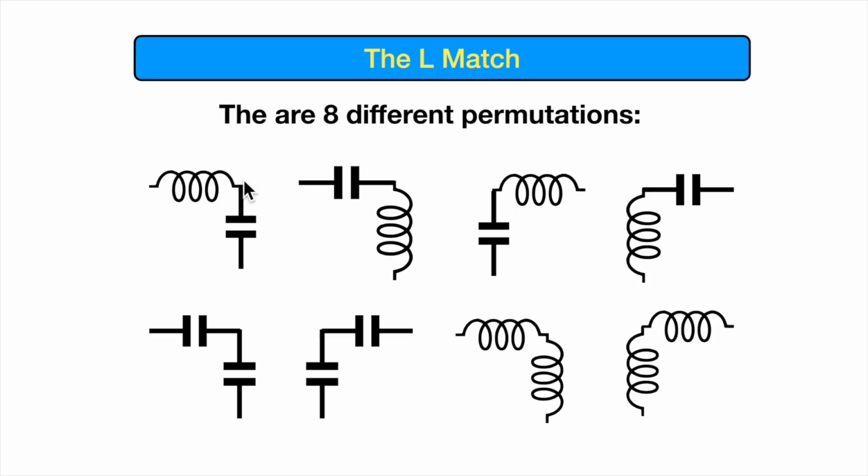So this is a low pass filter with an inductor in series and a capacitor to ground, and this is a low pass filter. The only difference is this is a low pass filter where the higher impedance is this end, and this is a low pass filter when the higher impedance is this end.